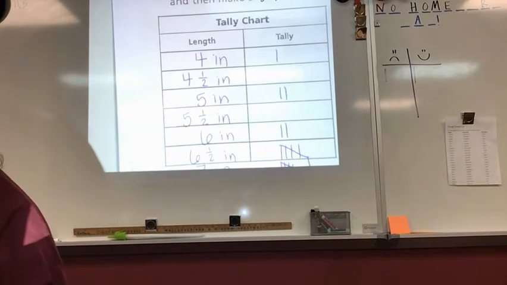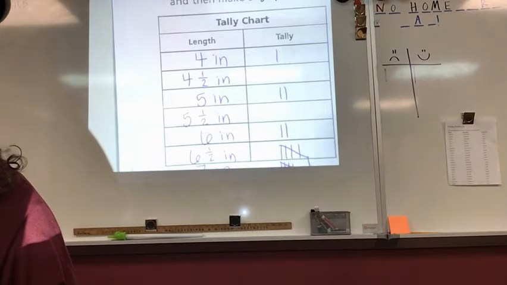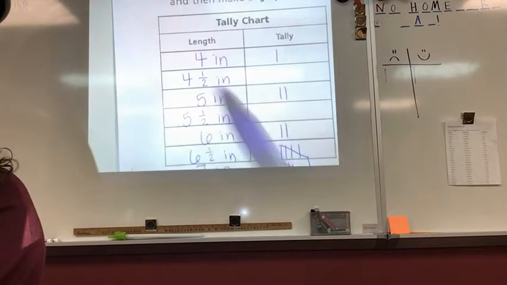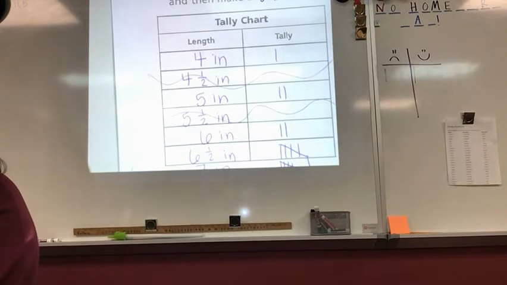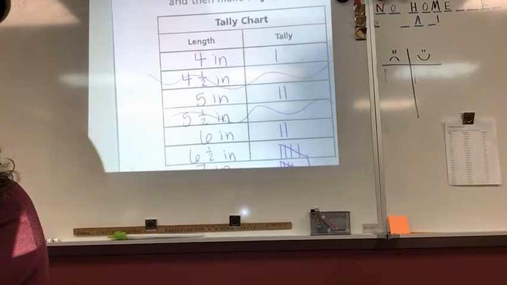I created a tally chart. To make this easier, we're only going to transfer over the amounts that had amounts. So we're going to get rid of 4 1/2 and 5 1/2 because nobody had that hand width. Does that make sense? Just so we can fit it in, because you guys have quite the span. So I'm going to put over here 4 inches, 5 inches, 6 inches, 6.5 inches, 7 inches.